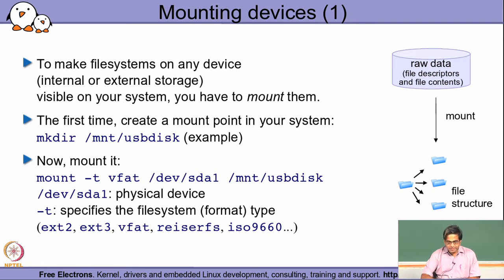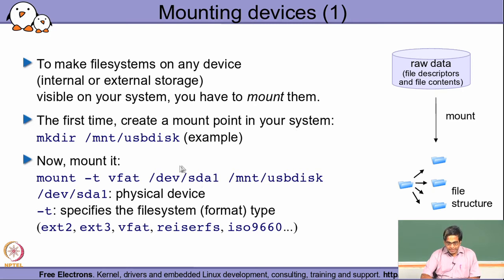So, if for example it is a vfat file system, I say mount -t vfat followed by /dev/sda1. That is the disk partition that is right now required to be mounted, and I also specify the mount point on which it has to be mounted, right.